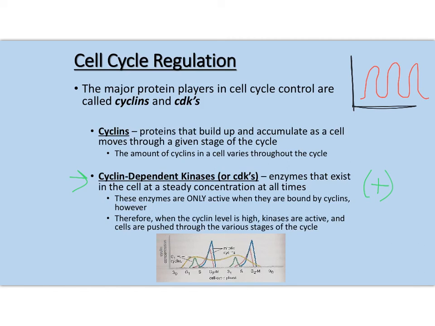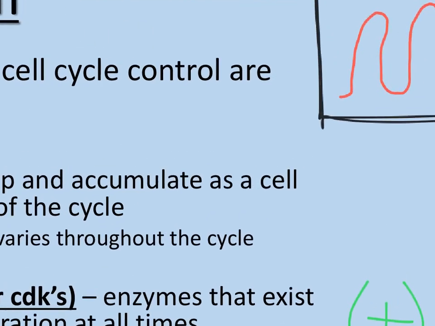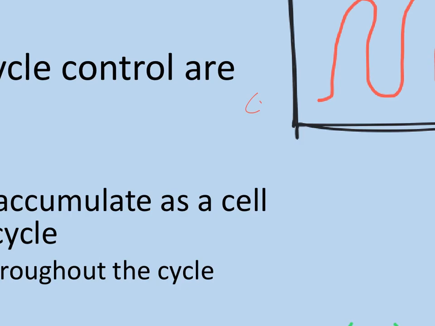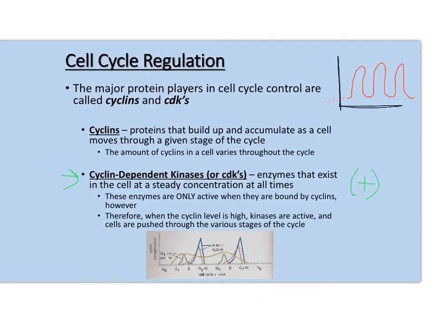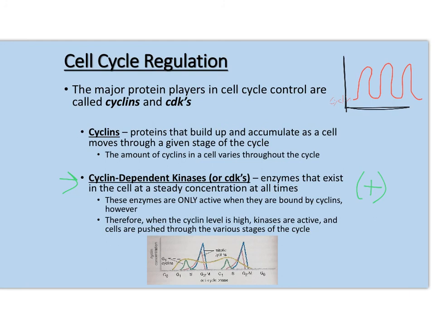So a CDK, let me go back up to my picture here. All right, so a cyclin, here in red, right, fluctuates throughout the cell cycle. A CDK, here in green, has a constant concentration, a steady concentration throughout the cell cycle. But the only time the CDKs actually work are when there are cyclins to bind to them.